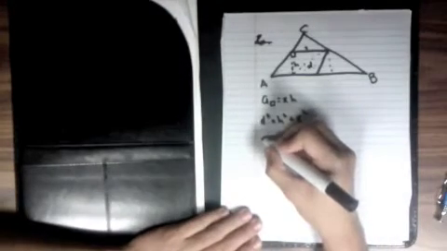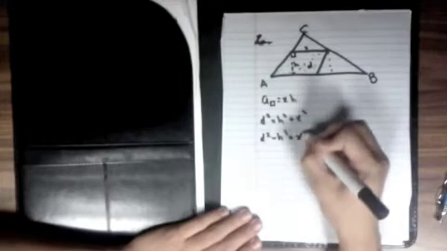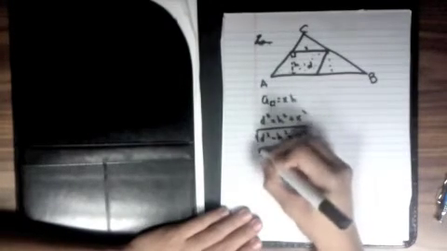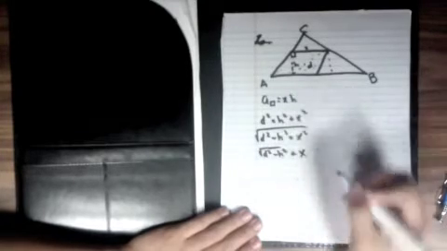If we solve for any of the variables, I'm going to solve for x. So d squared minus h squared is equal to x squared, and the square root of that: the square root of d squared minus h squared is equal to x.